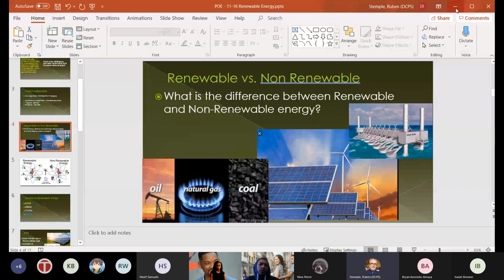Which one is electricity, like in the middle? So electricity is formed from either of these things, right? So electricity itself is not a source of energy. It is the use of that energy, right?